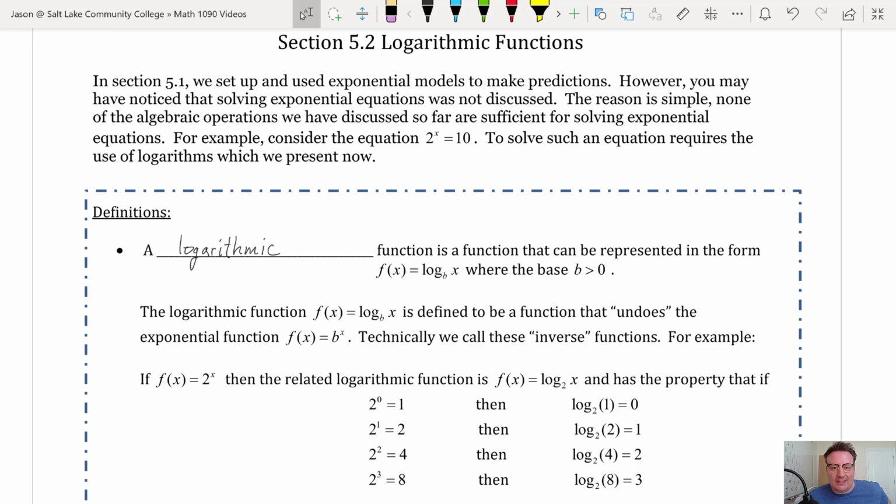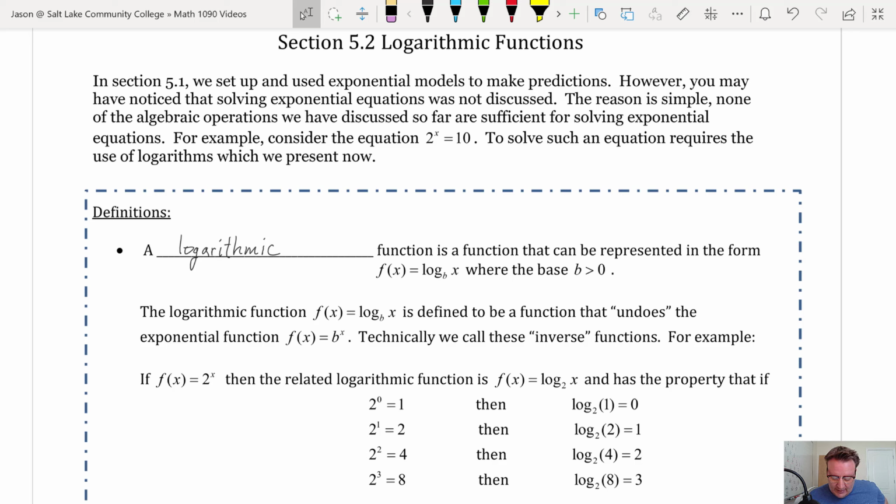It's just a constant function at y equals 1. But the key idea is that logarithms are inverses of exponentiation. So if you exponentiate base b, then the inverse function will be logarithm base b.